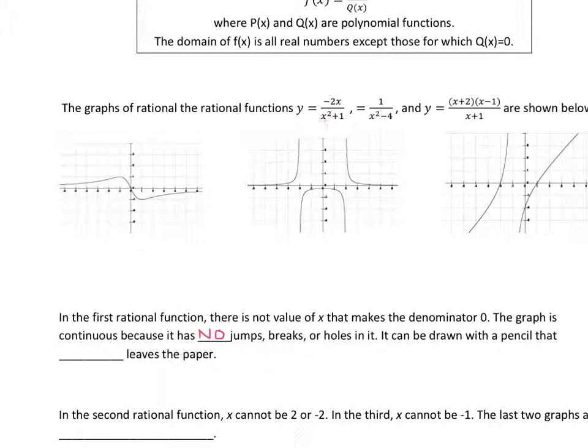If you can draw the entire graph without ever picking your pencil up, then it's continuous. Remember that word, continuous. A parabola is continuous. A straight line is continuous. Absolute value is continuous.